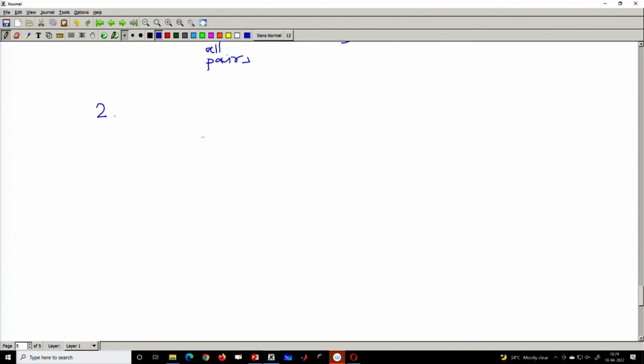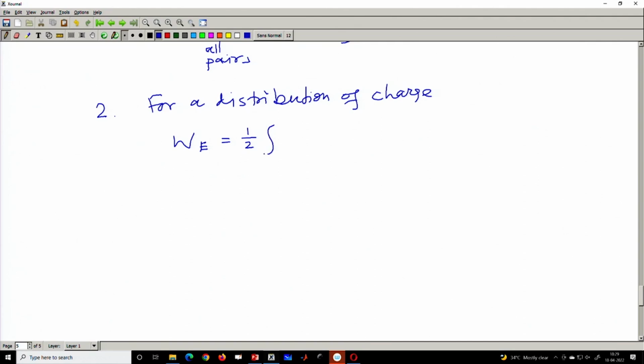So for a distribution of charge, what we have is this quantity, half integration of rho phi dV, and that quantity we just calculated before.